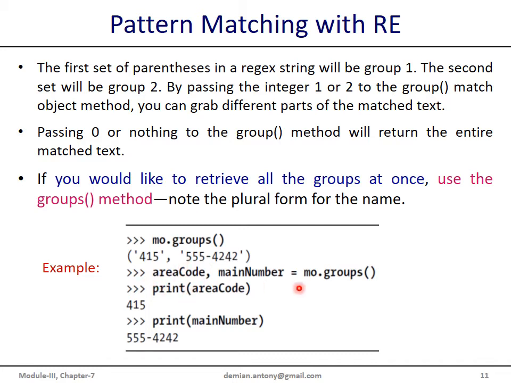Here is a code where the mo.groups will return the tuple containing all the groups, and we have used the multiple assignment trick to assign all these groups. Since we know that there are only 2 groups, we can specify these 2 variables, and then you can print the individual groups with the appropriate caption.